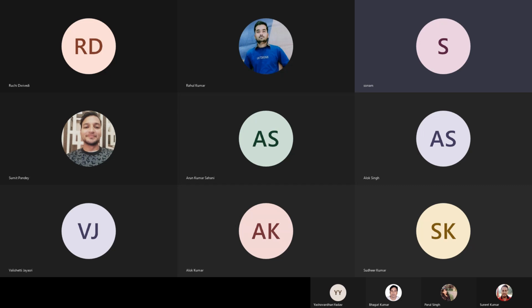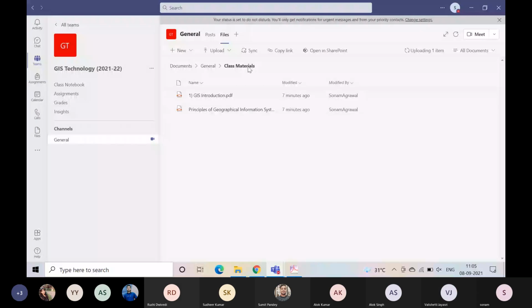Over here, I have also uploaded the book Principles of Geographic Information Systems and GIS Technology. All of you download this book from this particular location.